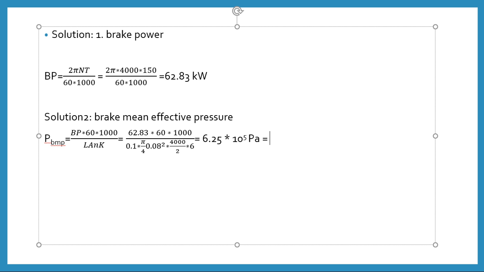Now it is converted into bar. So we find that the value of the brake mean effective pressure is 6.25 bar. So this is the solution of the second answer.